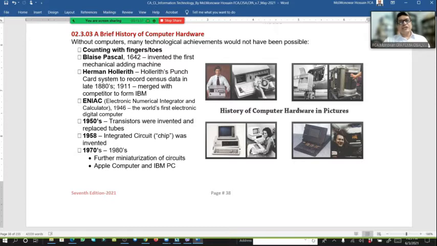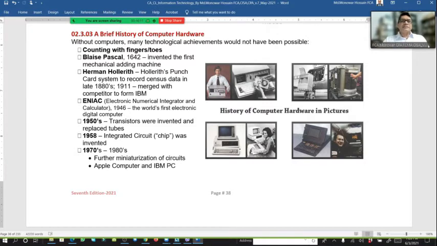In 1946, ENIAC, the Electronic Numerical Integrator and Calculator, was invented, the world's first electronic digital computer. At that time it used the vacuum tube.